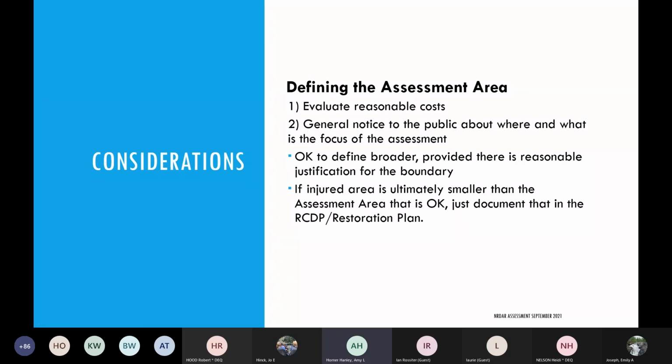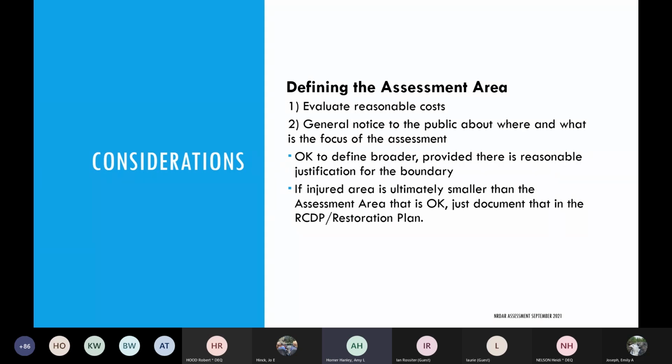Defining the assessment area. We chatted a little bit about this earlier in the talk. The assessment plan in CERCLA world comes earlier in your assessment process, and so you don't know all of the answers there. I was working with a trustee council recently that was concerned that they didn't have certainty about the geographic boundary of the incident that occurred.